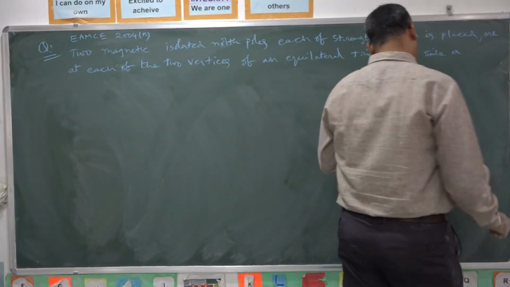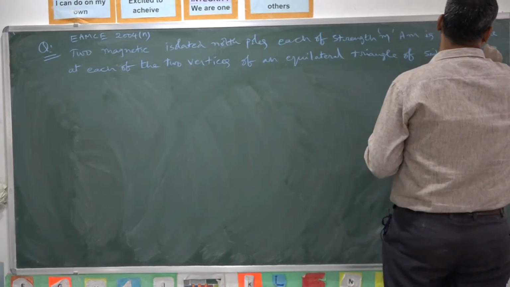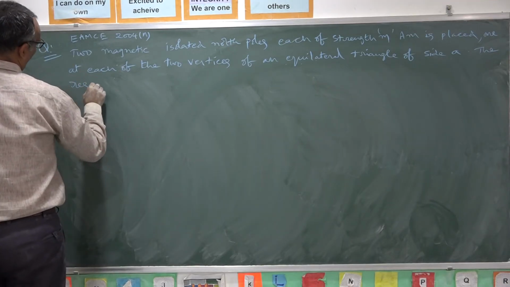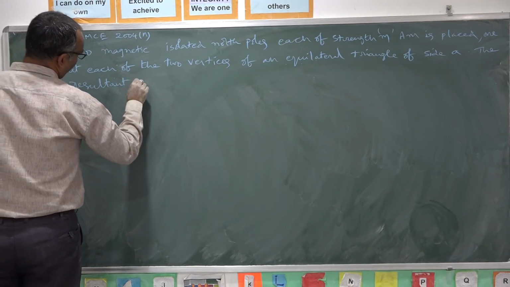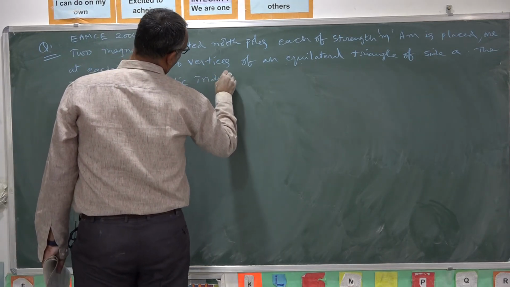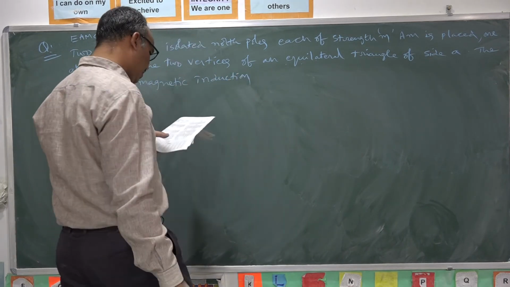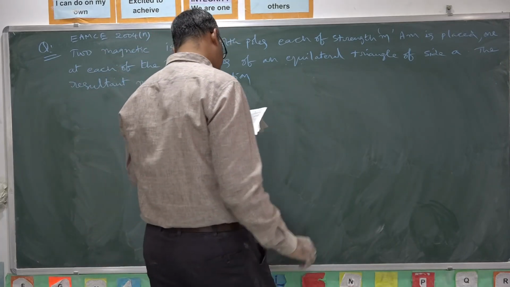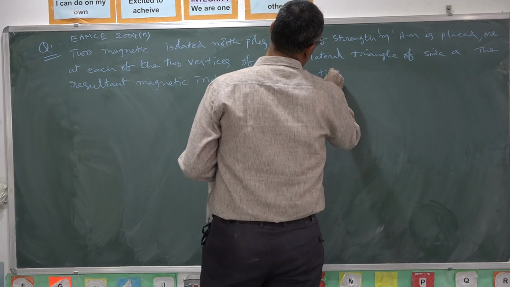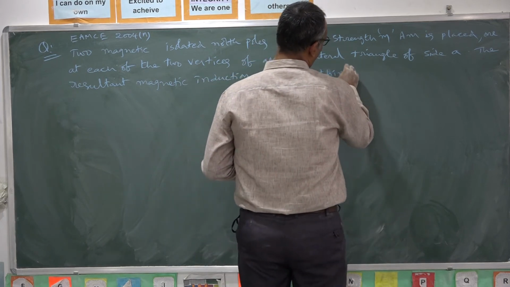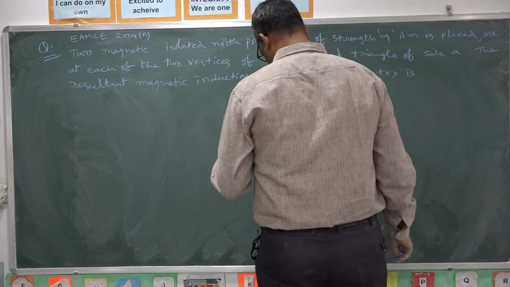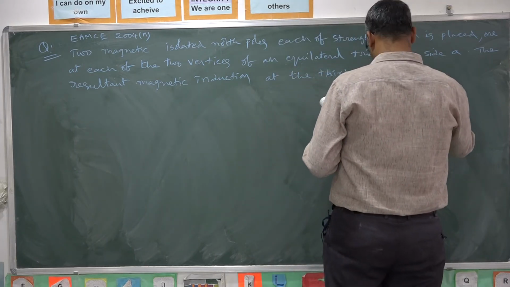The resultant magnetic induction at the third vertex is: options are given like this.